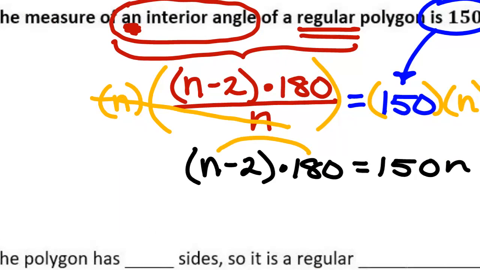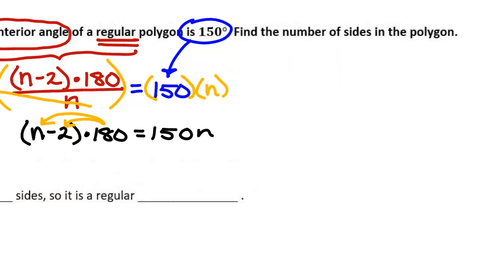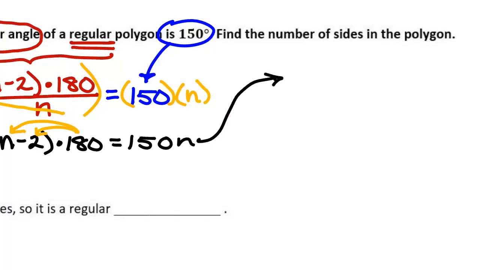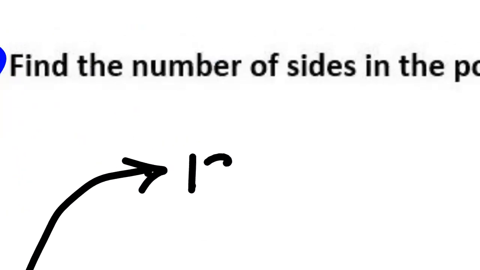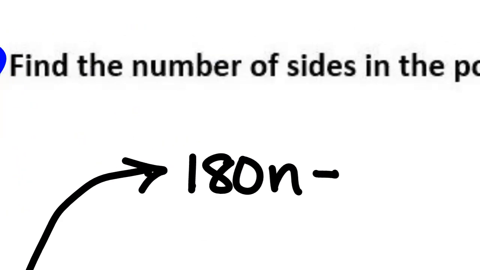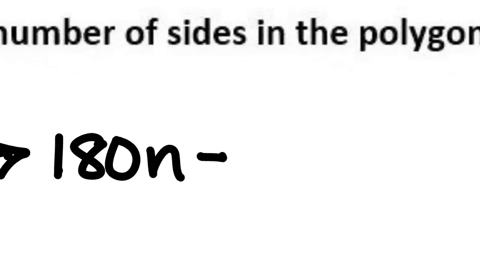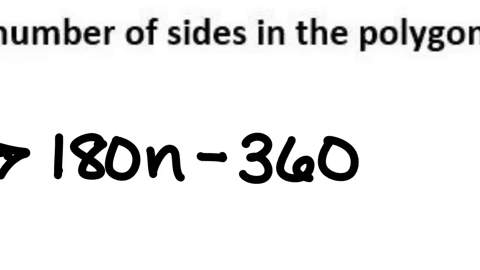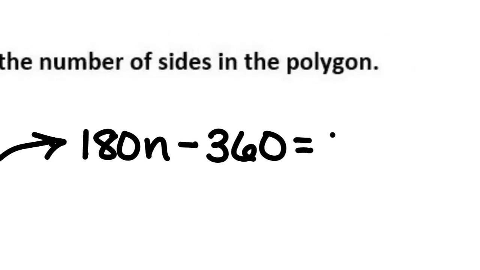Then I'm going to distribute the 180 inside the parentheses. So that would give me 180n minus, what is 2 times 180 again? 360 equals 150n.